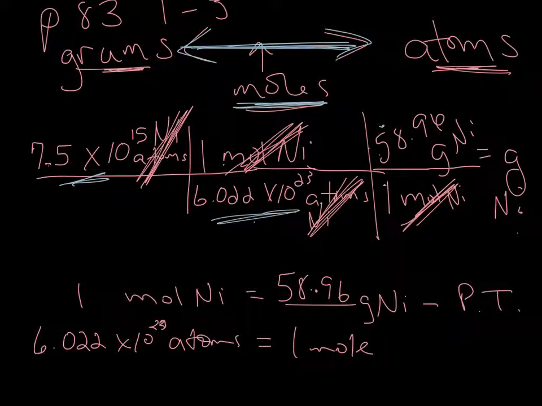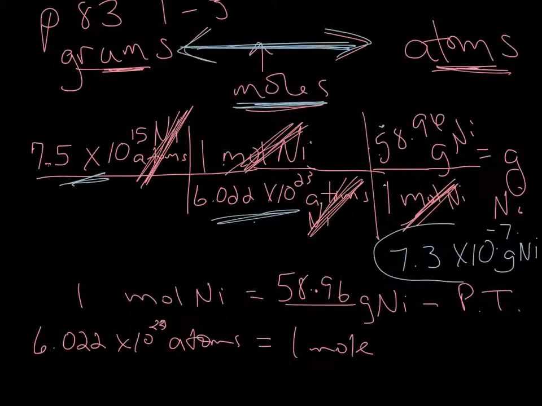The reason I say hit enter after you do those 2 things is because when you have these exponents, sometimes things will get a little goofed up. Not always, but sometimes. So our answer should be 7.3 times 10 to the -7th grams of nickel.